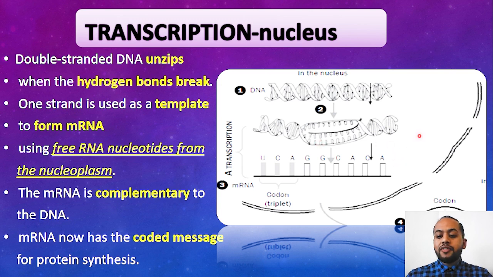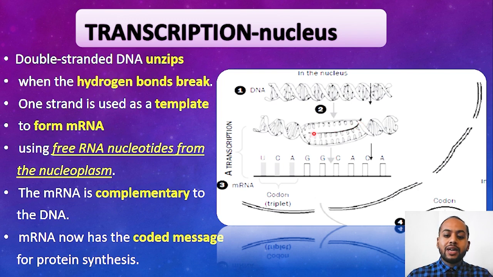You are then going to have free-floating nucleotides coming from the nucleoplasm here, because we're inside the nucleus. They're going to align themselves complementary to this DNA template strand, so that they form an mRNA strand.